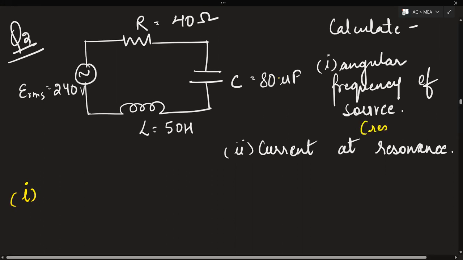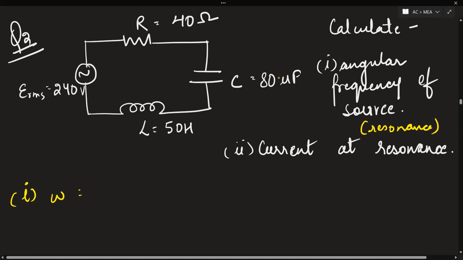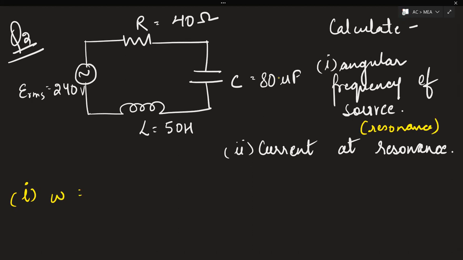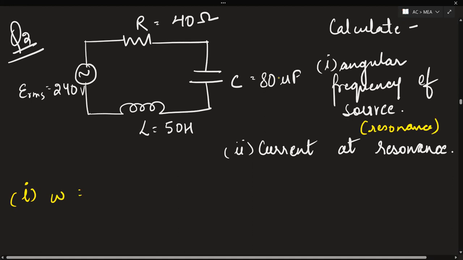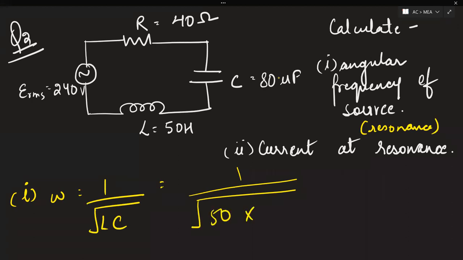So the angular frequency is a formula we had seen; if you multiply it by 2 pi, that is 2 pi nu, that will give you the resonant frequency. Whose formula is 1 over under root LC. L is 50, capacitance is 18 into 10 to the power minus 6. Once you solve this, I think it will come out to be 50. Just check someone. I think the answer was 50 radian per second.